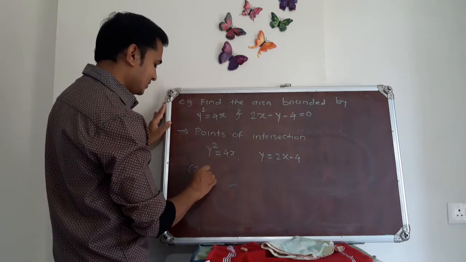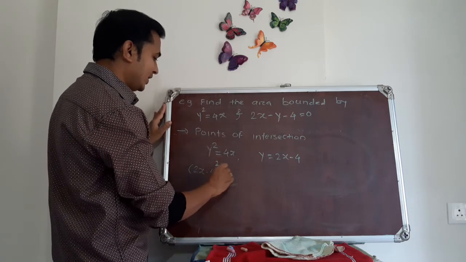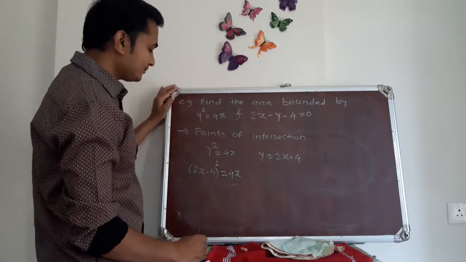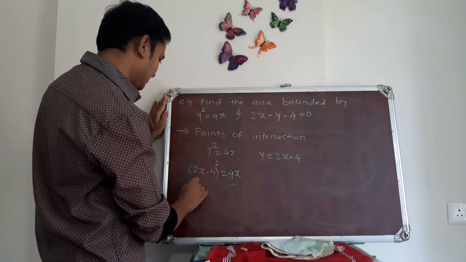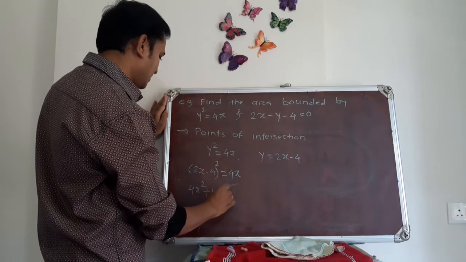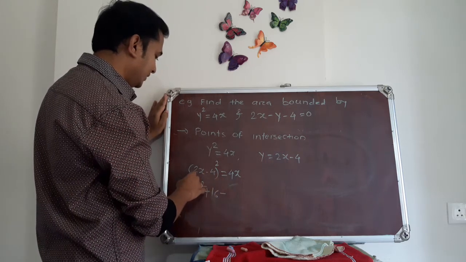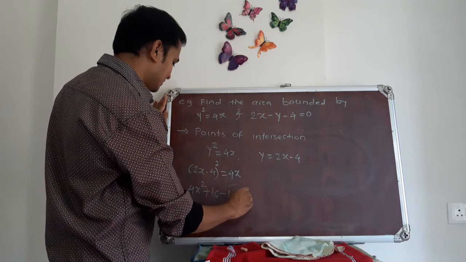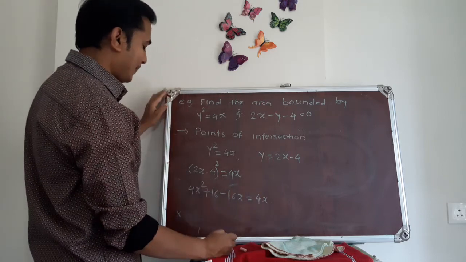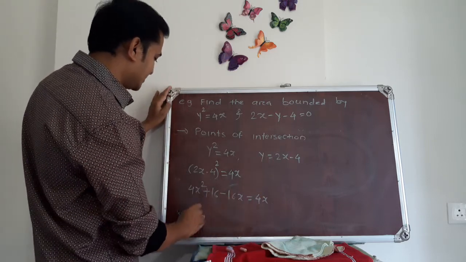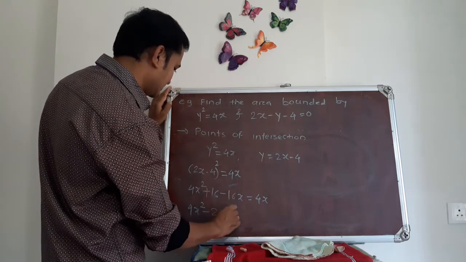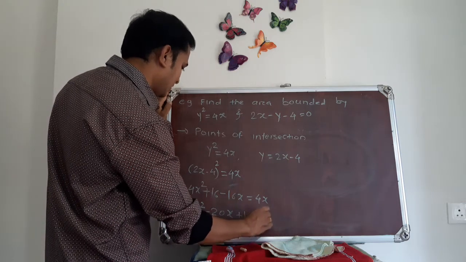So (2x minus 4) square equal to 4x. If you do the square, it will become 4x square plus 16 minus 4 into 2, 8 into 2, 16x. Okay, equal to 4x. So 4x square minus 20x plus 16 equal to 0.